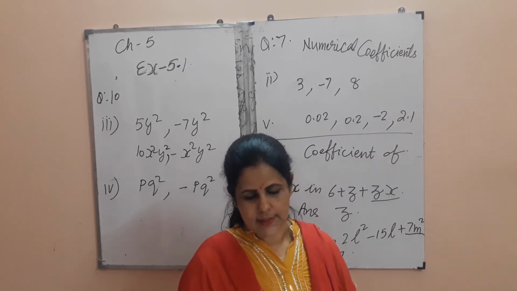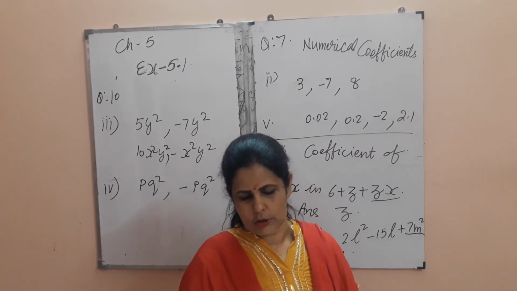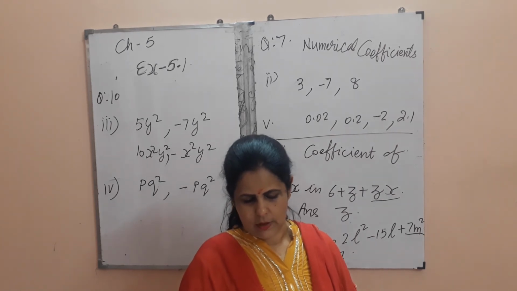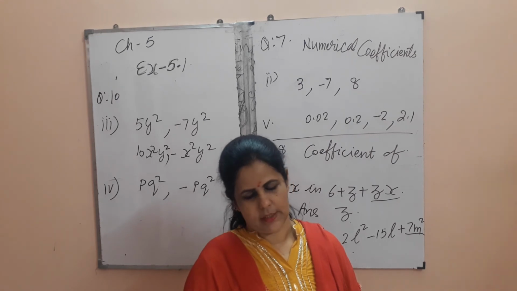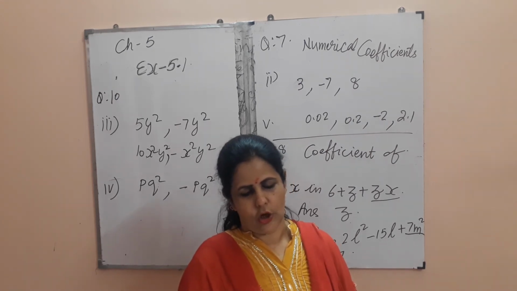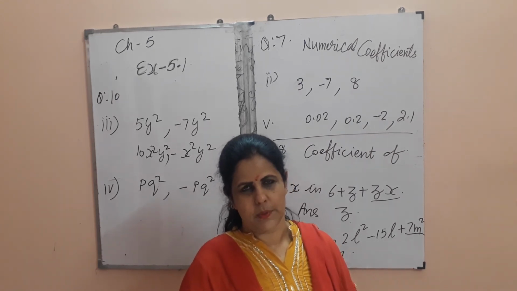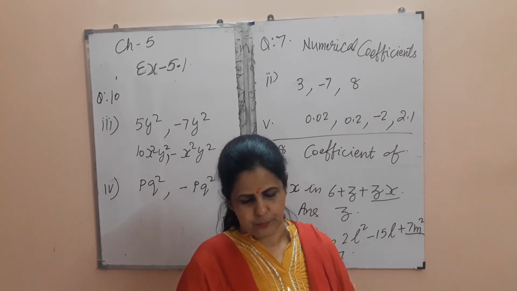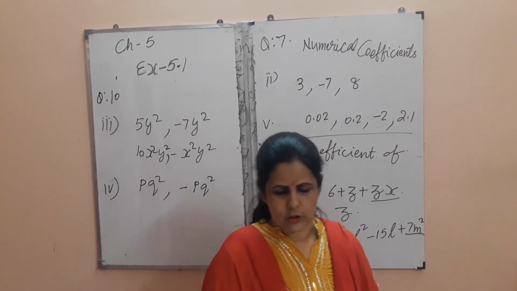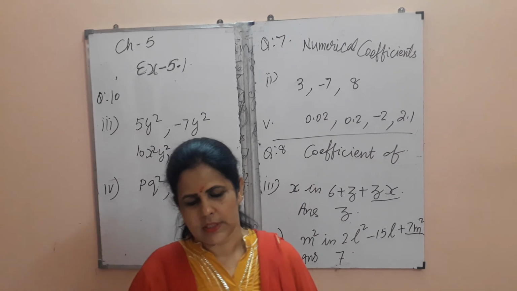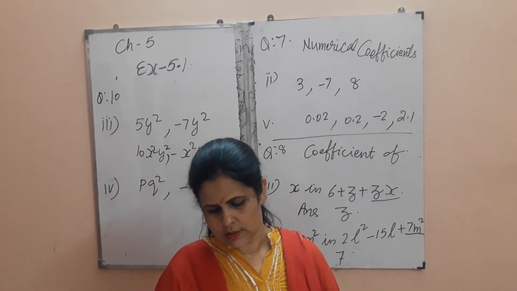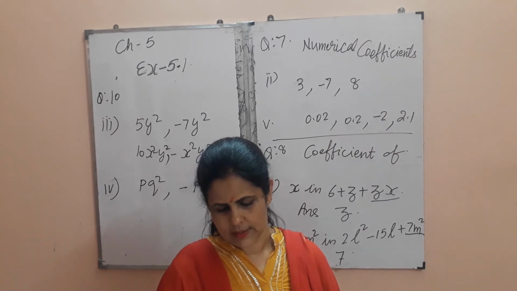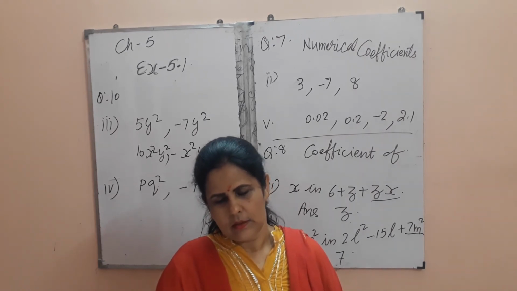So in this only the sixth is not a polynomial, the rest of all are polynomials. Now 12th also you will do in the book. First is yes, second is yes, third is yes, fourth is also yes, fifth is yes, and sixth is false.